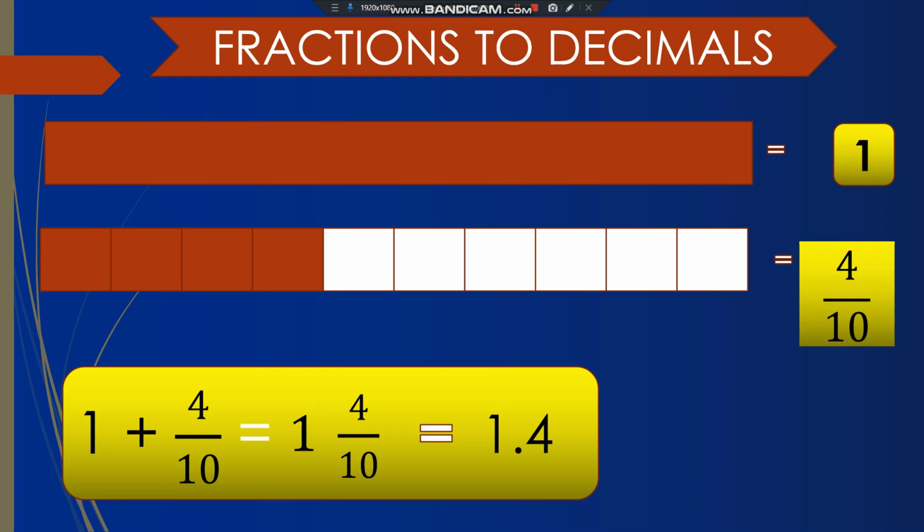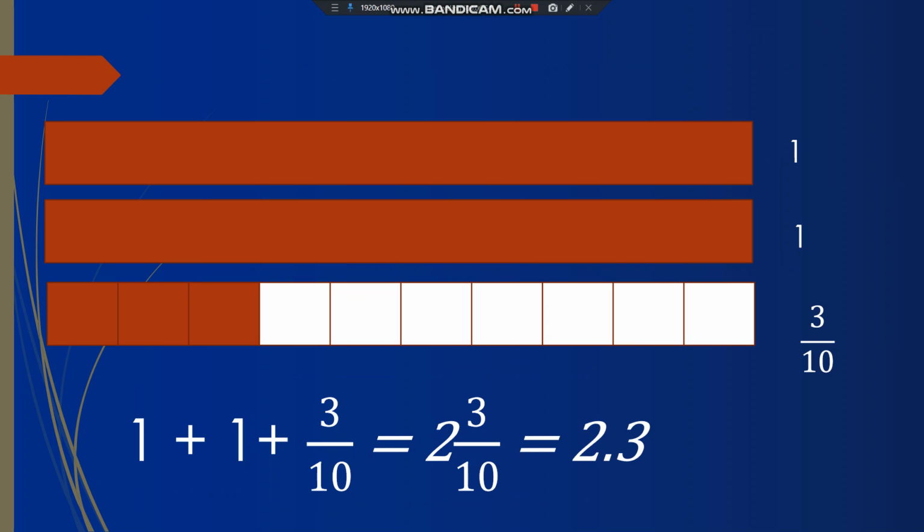Now 1 is the whole part. That will be written on the left side of the decimal, and 4 by 10 will become 0.4, which together will be called 1.4.